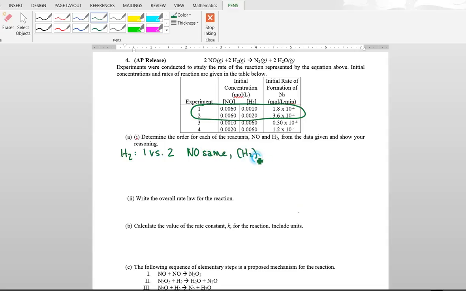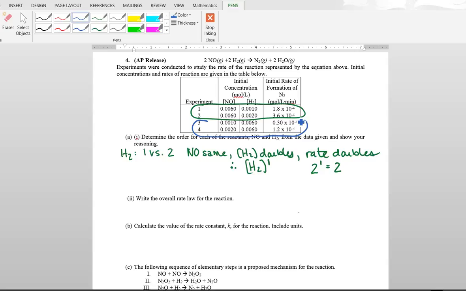The H2 concentration doubles, and if we look at what happens to the rate, it goes from 1.8 to 3.6, so the rate also doubles. So therefore it is looking like H2 is first order, because 2 to the power of 1 is 2, so we're saying this exponent here must be a 1. Okay, so let's look at NO. We want to compare two experiments where the hydrogen concentration stays the same.